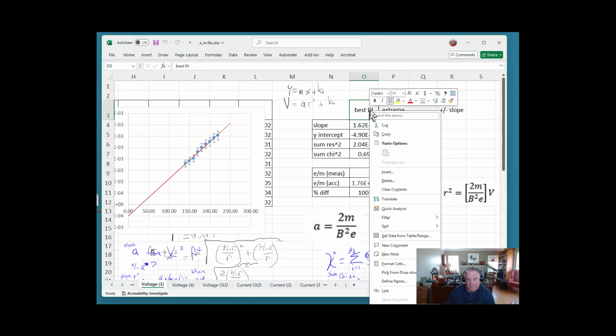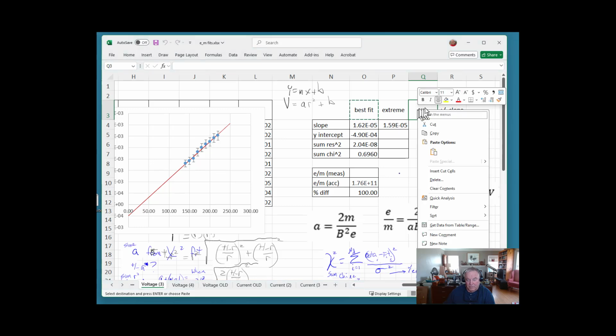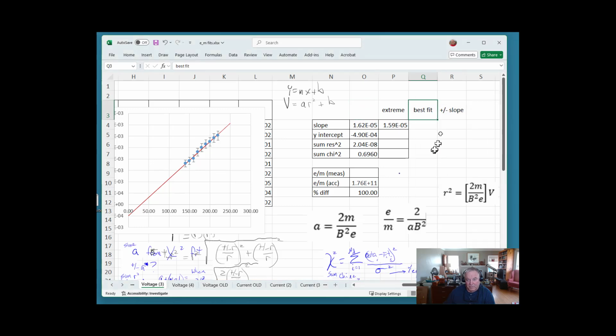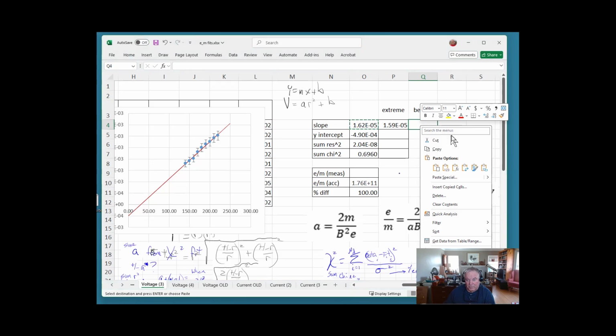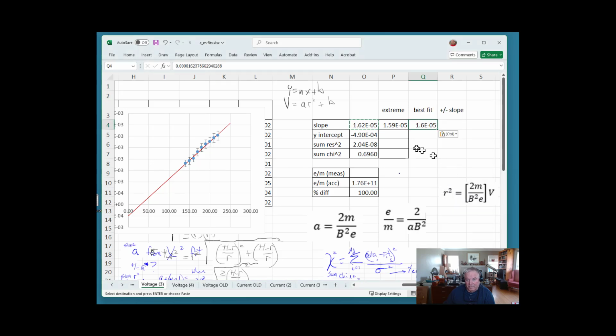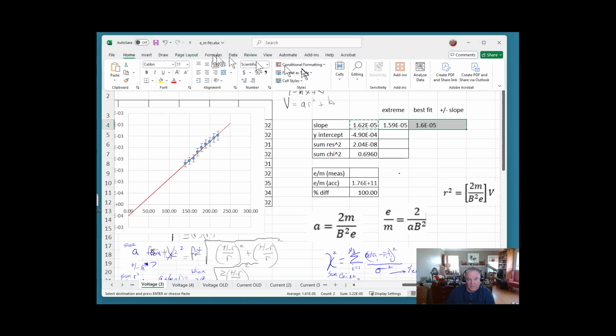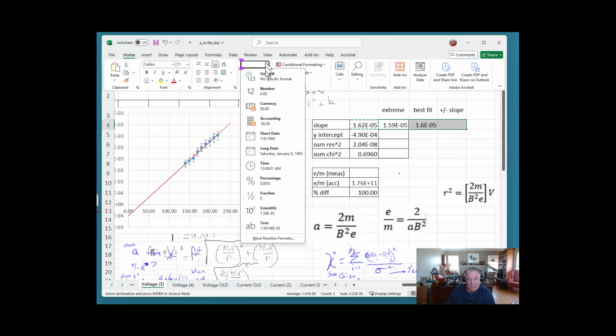In fact, I am going to hedge my bets here because this thing could change. So I'm going to copy it and paste value there. And in fact, I should do all three of these. Let's format them to scientific.